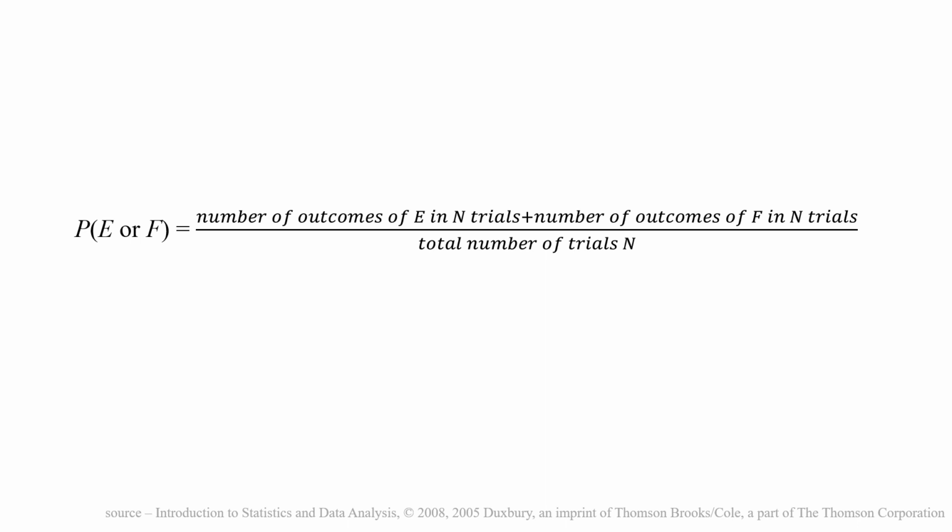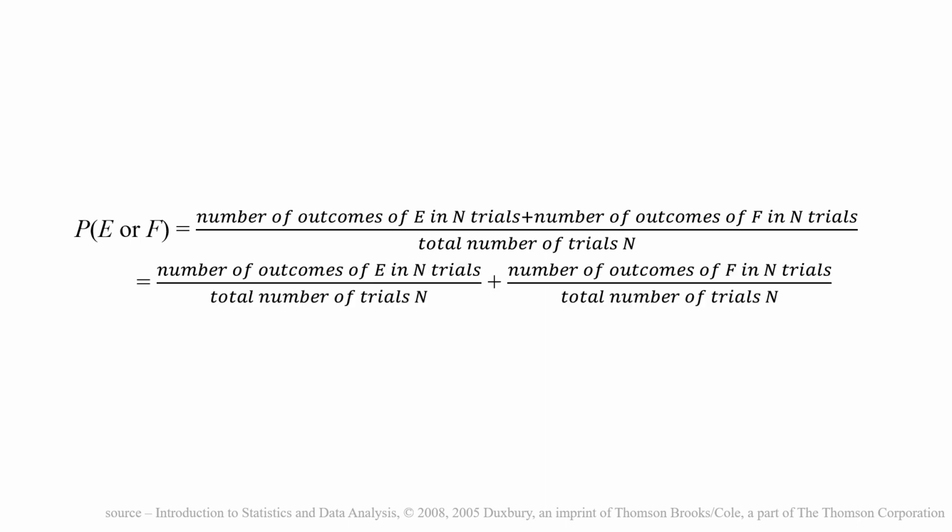Note, since there are no outcomes common between the two events in the above ratio, there is no subtraction in the numerator of the above expression. Hence, probability of E or F equals number of outcomes of E in n trials divided by total number of trials n, plus the number of outcomes of F in n trials divided by the total number of trials n.